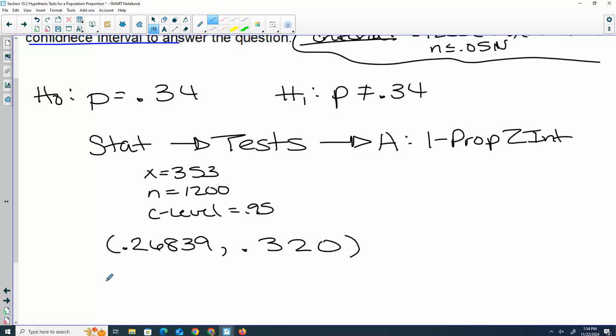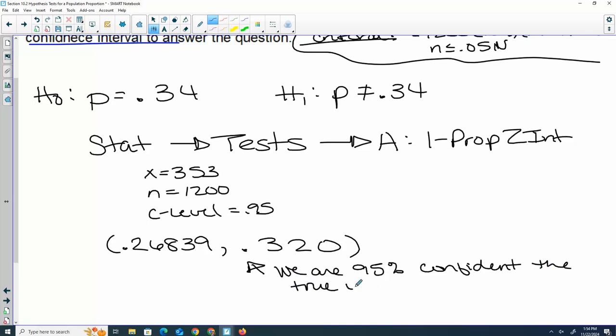So we get 0.26839 to 0.320. So what this means is we are 95% confident the true value is in this interval.